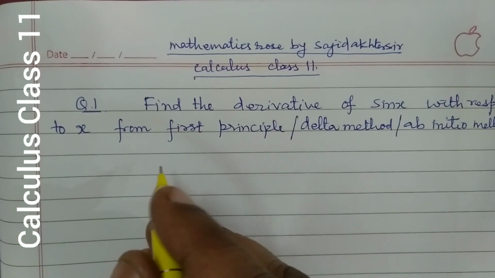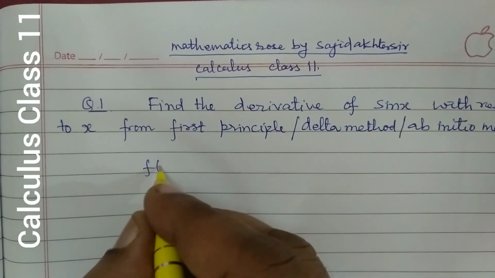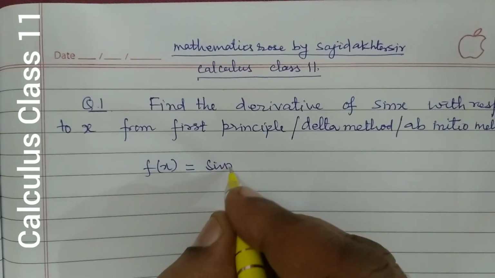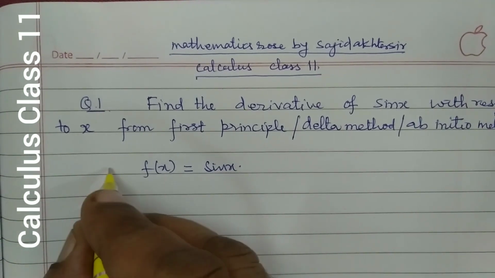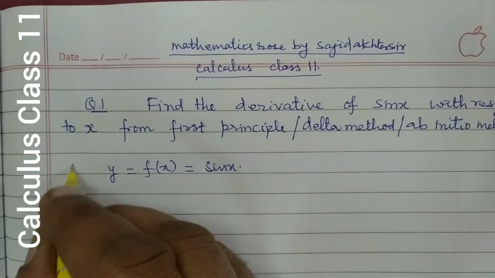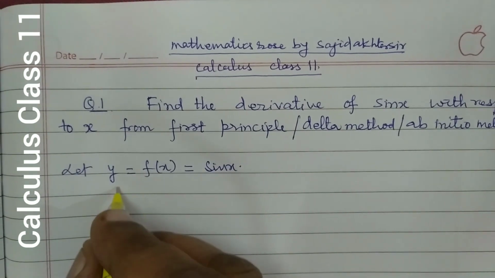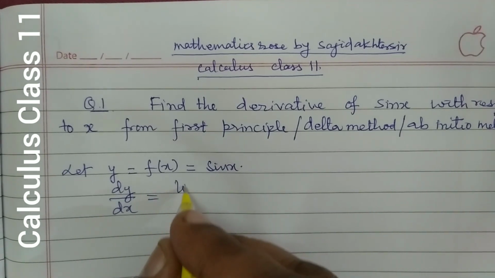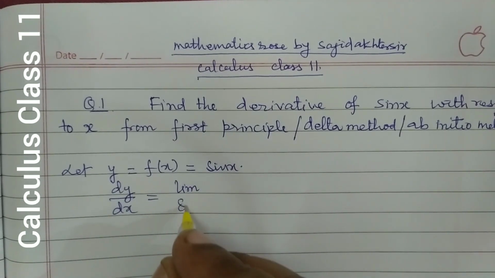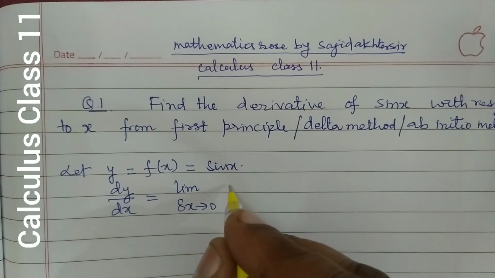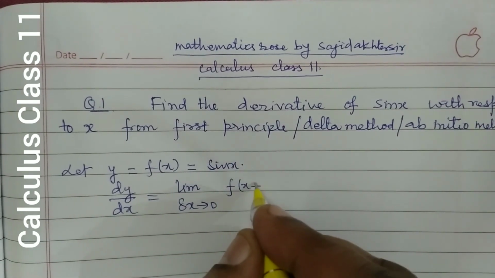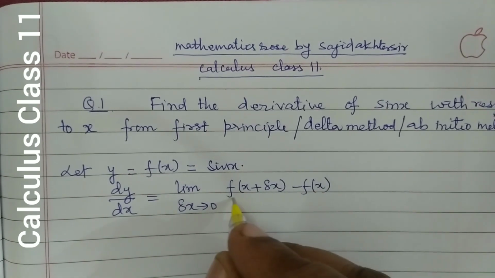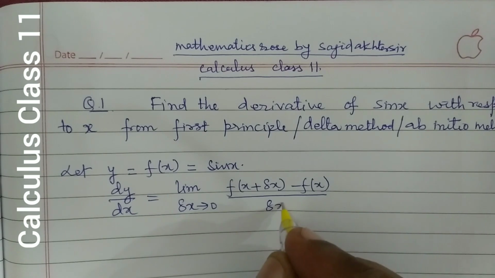So now here f(x) is equal to sin x, given derivative means differential coefficient of sin x, and suppose it is taken as y. So dy by dx, the formula is limit delta x tends to 0, f(x plus delta x) minus f(x) upon delta x.